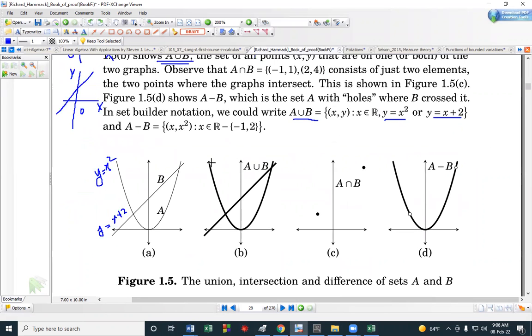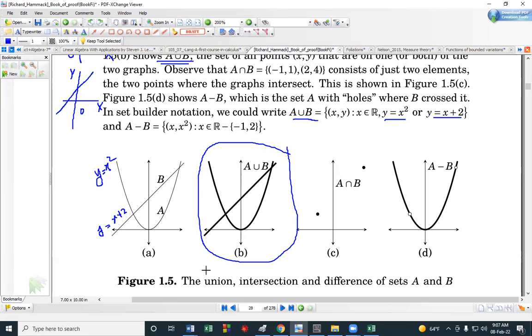That's what they showed by tracing these two things in bold. So this is the union, meaning the points either on this line or on this parabola are in the union. Does it make sense?